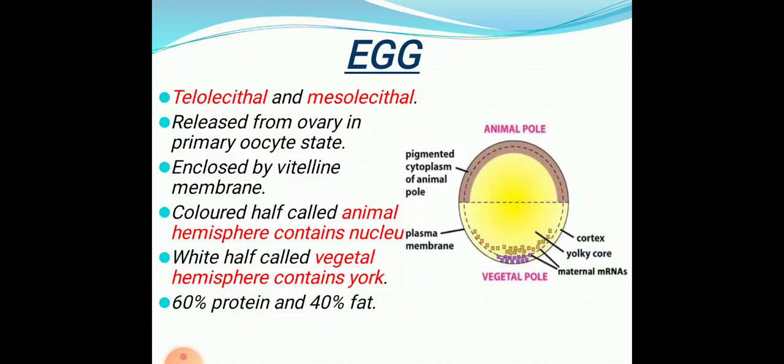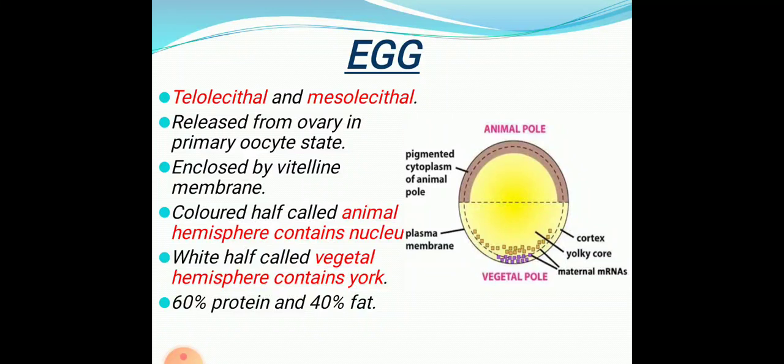So the egg has 2 distinct colors. One side is black in color, and this side is called animal pole. In the diagram you can see the dark color structure present in the animal pole, and the nucleus is situated on this side.